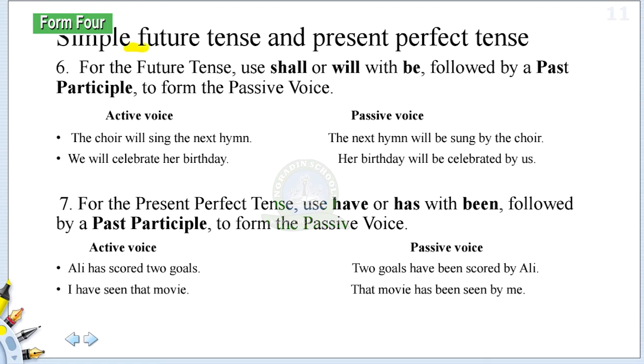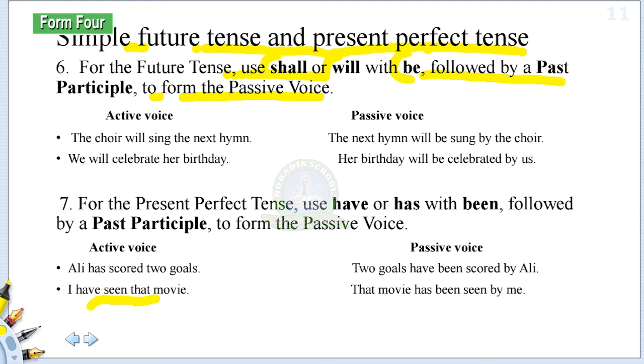For simple future tense, we're going to use shall, will, with be, followed by the past participle to form the passive voice. So here you have three things: will or shall, be, and past participle.